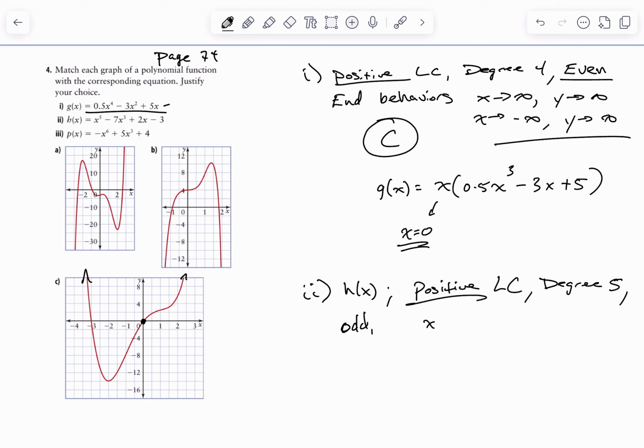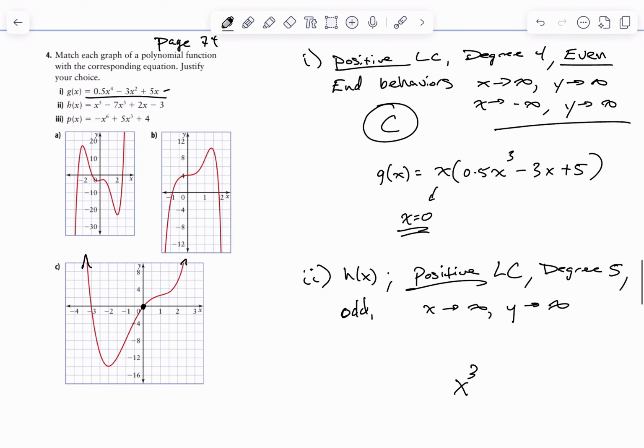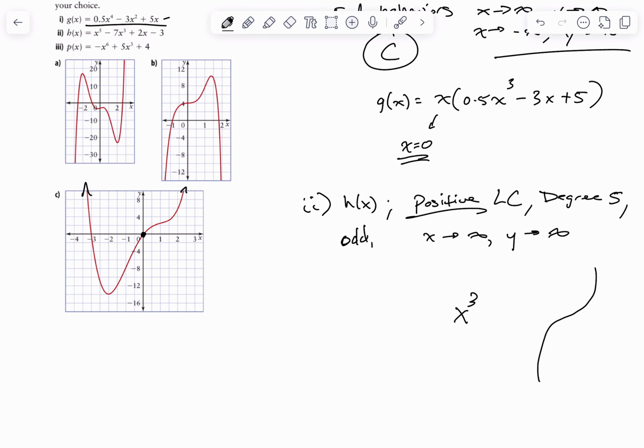So because it's positive, I know as x goes to infinity, y should be going to infinity, right? And I always refer back to something like x cubed. So my graph's going to go up like this through the origin, and so you can kind of see the end behaviors come out of that graph. And so as x goes towards infinity, y goes to infinity, and as x goes to negative infinity, y is also going to go to negative infinity.